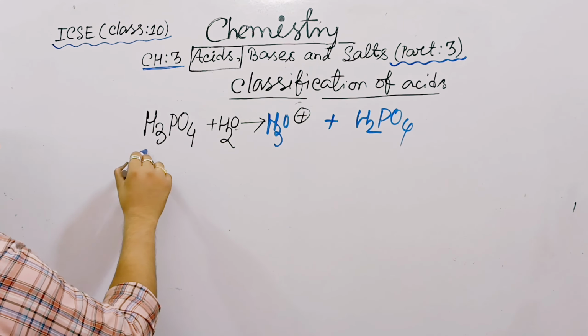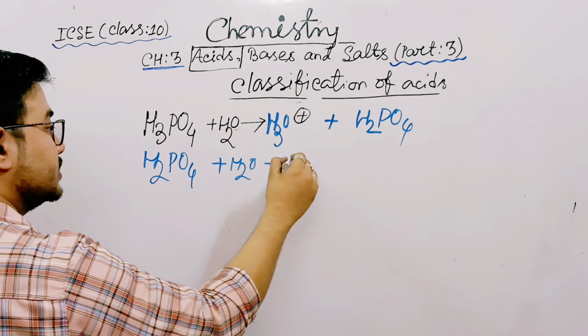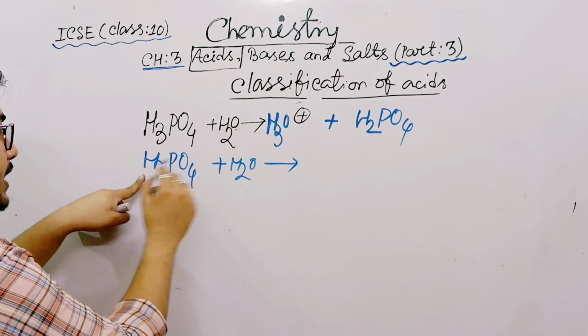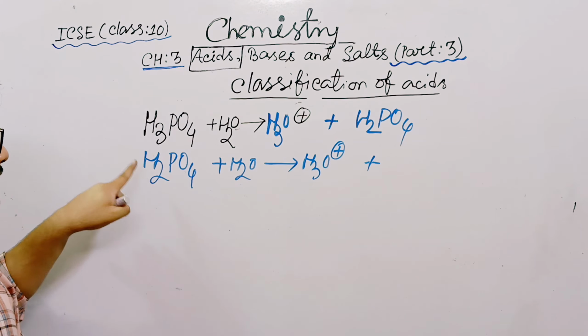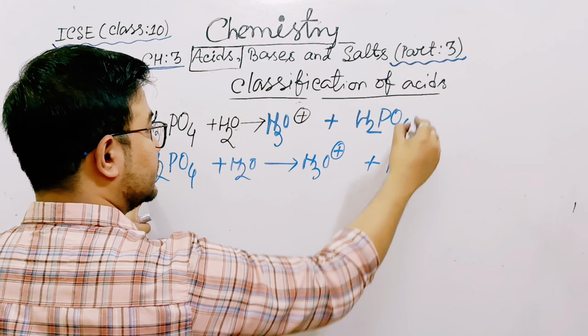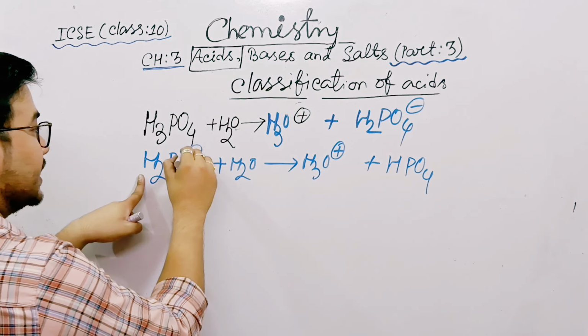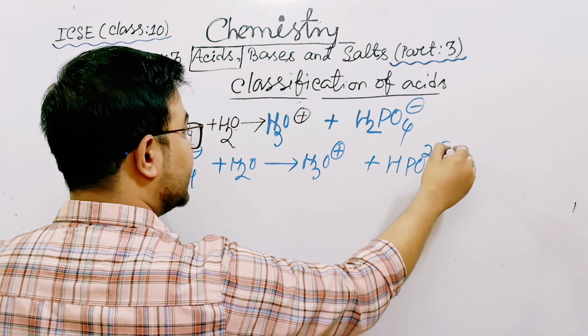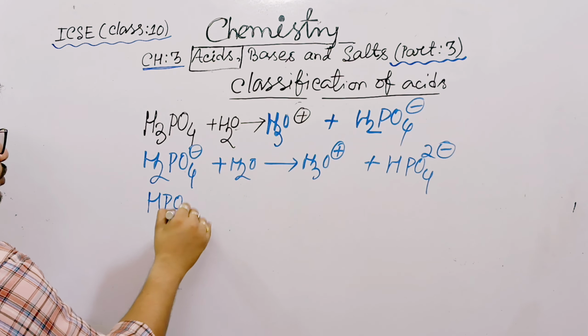Second step, you choose this one also. Again dissolve in water. So in the second step, again 1H and water, H3O plus. Which one is left behind? Here 1H, PO4, and another minus, and another minus will form. You take again this PO4 2 minus.